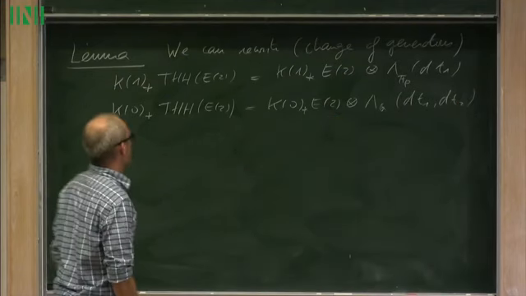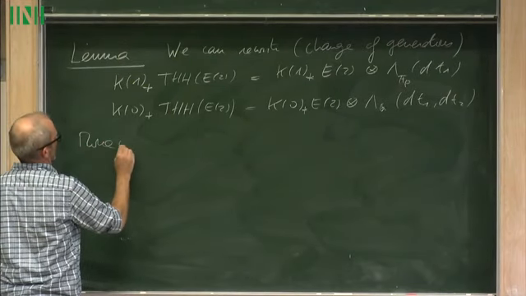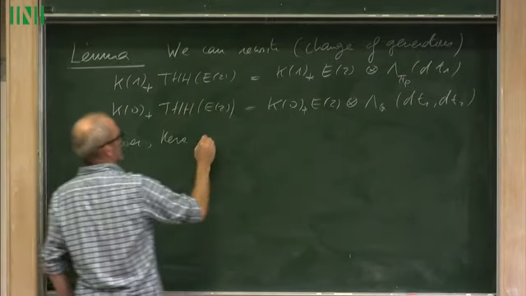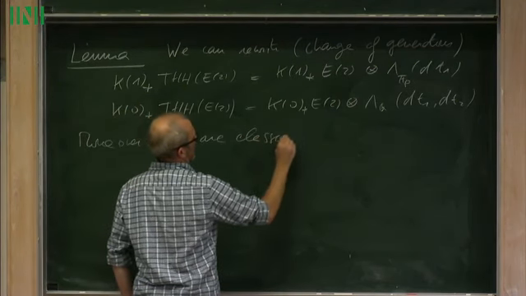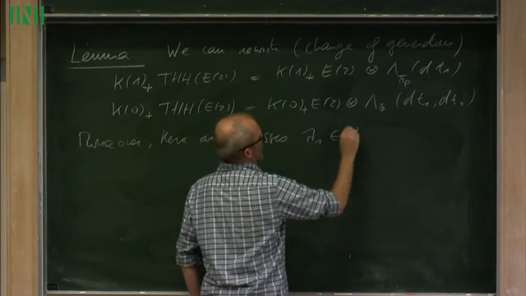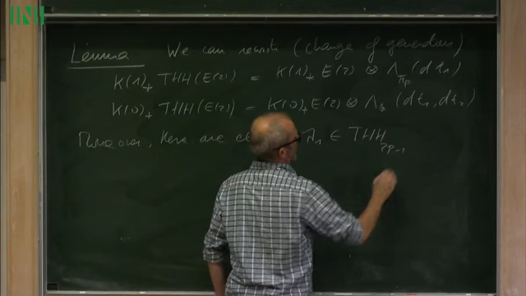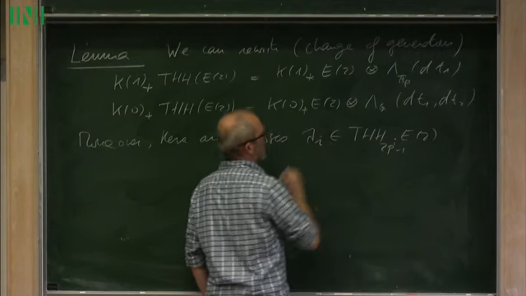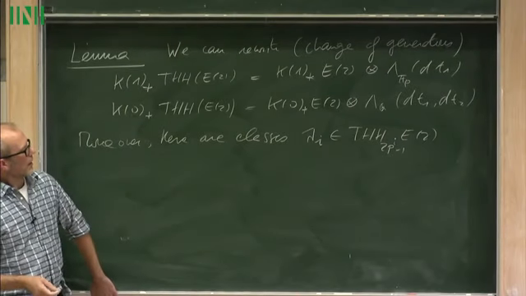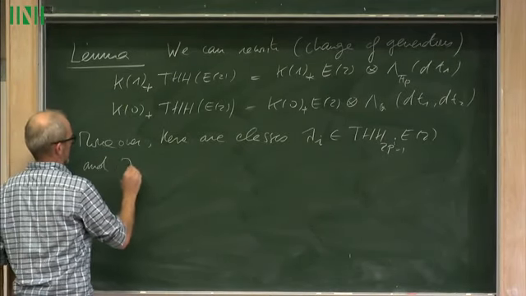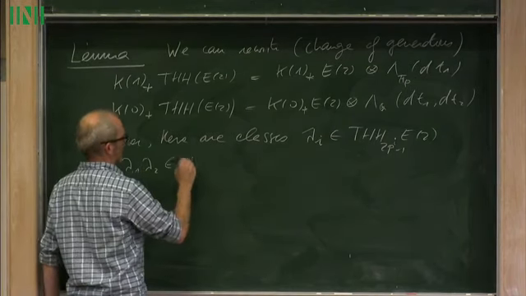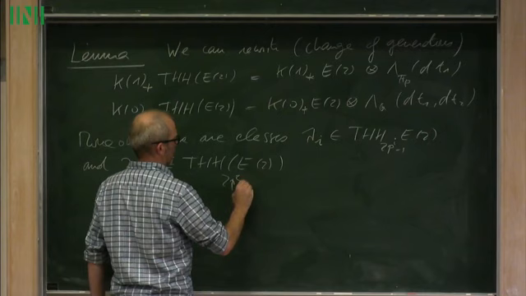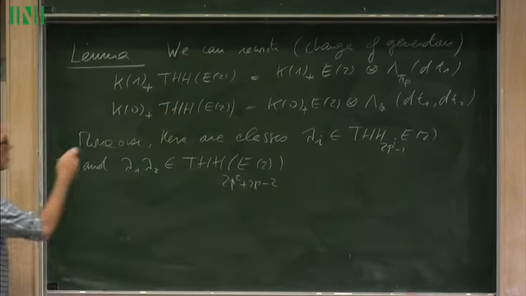And then, moreover, you have classes in the homotopy groups, lambda I in degree 2p^i minus 1, and the product, that map to these classes, okay?